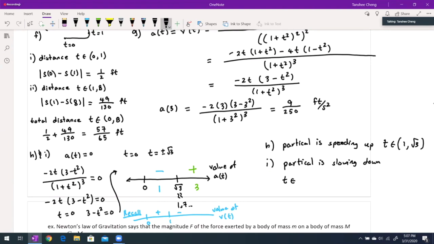So that means from 0 to 1, the signs are different, and from radical 3 to positive infinity, the signs are different. So the particle is slowing down from 0 to 1, union with radical 3 to positive infinity. And that basically concludes this problem.